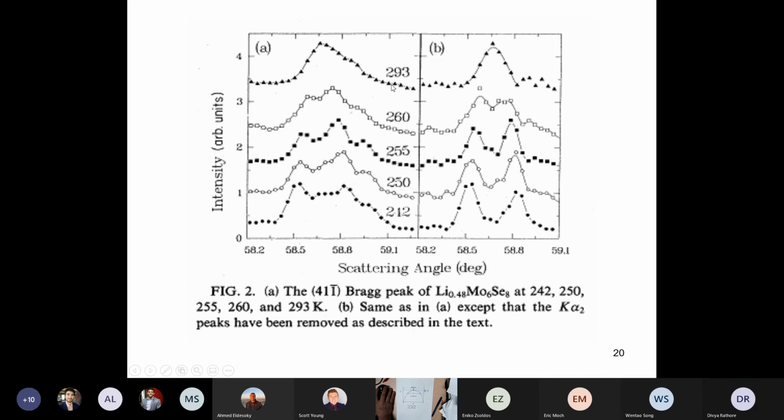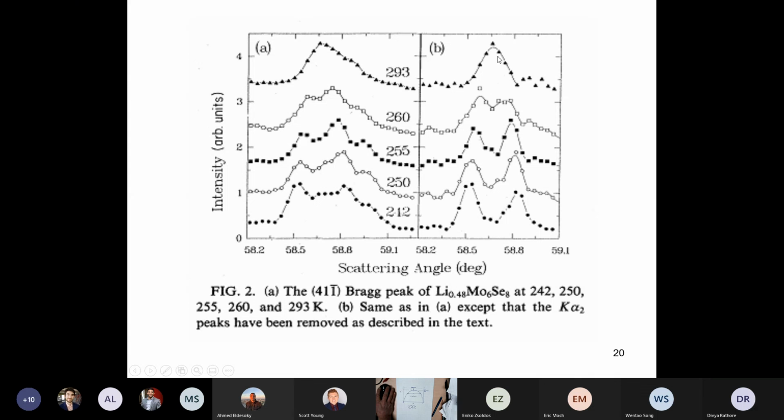And then as you cool, the pattern changes dramatically. And down by, is that 242? No, 242 Kelvin, sorry. You can clearly see that there's two peaks, even though they each have two parts. They're clearly seen.